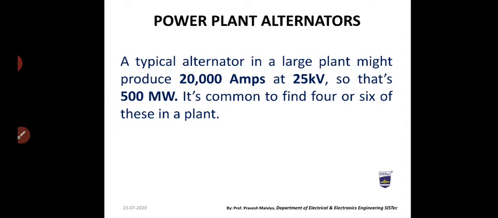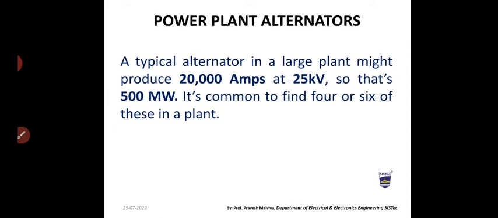So when it generates 20,000 ampere current at 25 kV, we can say that it is of 500 megawatt. In large power plants, it's common to find 4 or 6 of these similar alternators.